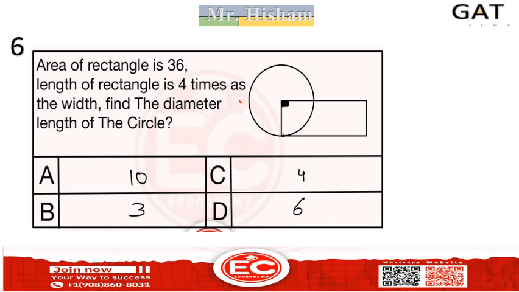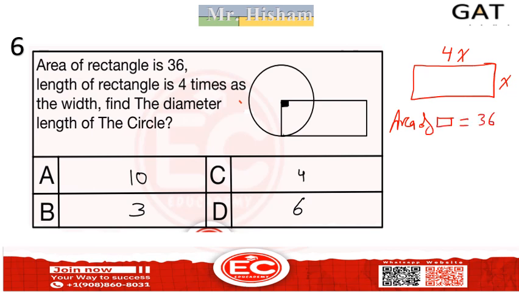Question number 6. Area of the rectangle is 36 and the length of the rectangle is 4 times the width. So let's speak about the rectangle. If this is x, so the length is 4 times it. And the area of this rectangle is equal to 36. We all know that the area is length multiply the width.